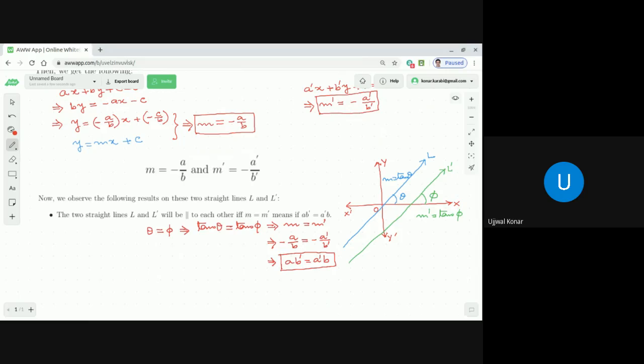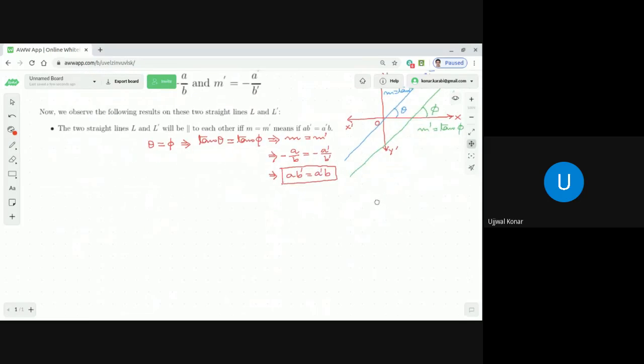In a similar manner, we are going to find under what condition the two straight lines are perpendicular to each other. Let us understand this. Suppose we have two straight lines, L and L dash. The two straight lines L and L dash will be perpendicular to each other if the product of their slopes is equal to -1.